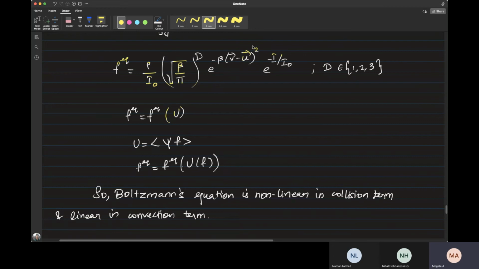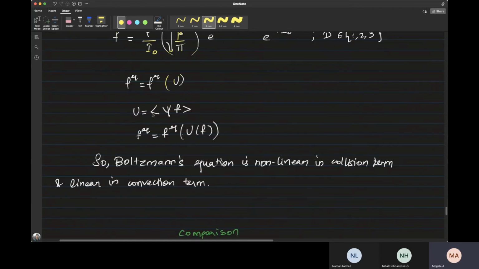So F equilibrium is a function of our conserved variable vector u, which contains rho, rho u, and rho e. We also know u can be obtained as a moment of F, as an integral of psi f. So F equilibrium is a function of u, which is a function of F.